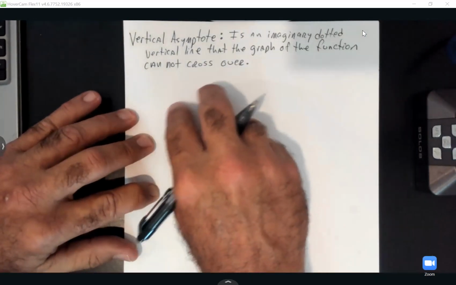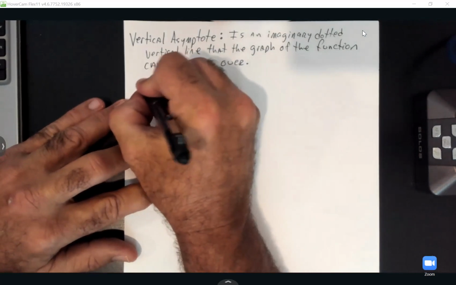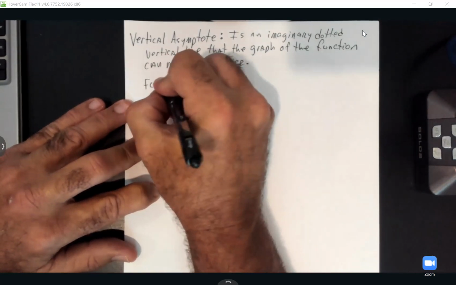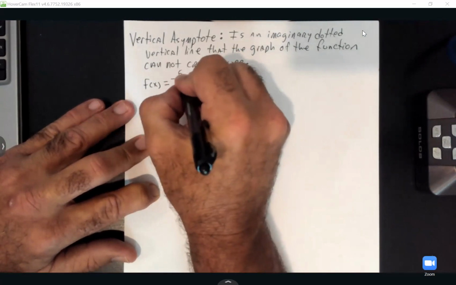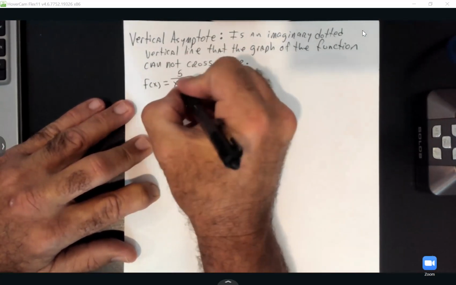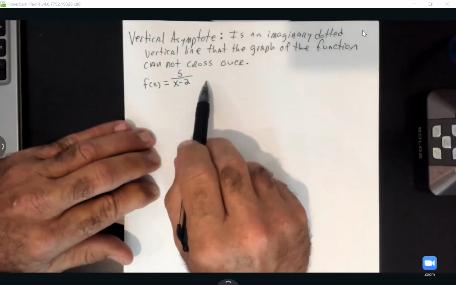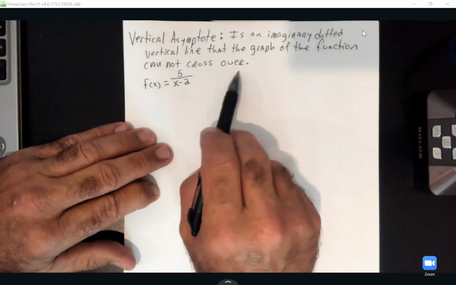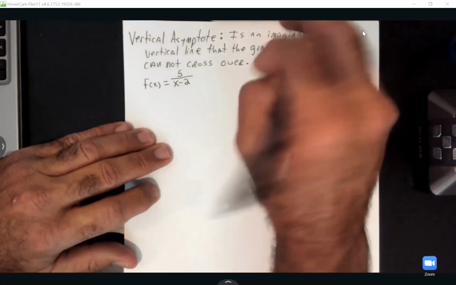So let me show you an example of what we're talking about. So say I just had a function, f of x equals, how about 5 over x minus 2. Now, the reason it cannot cross over, because watch this.